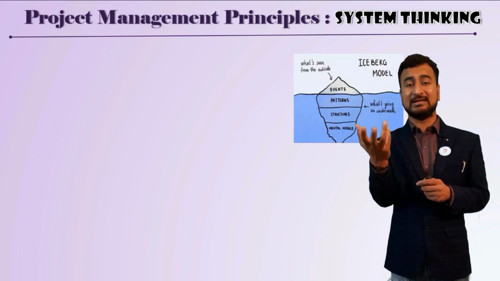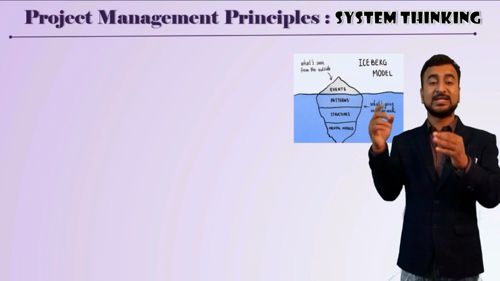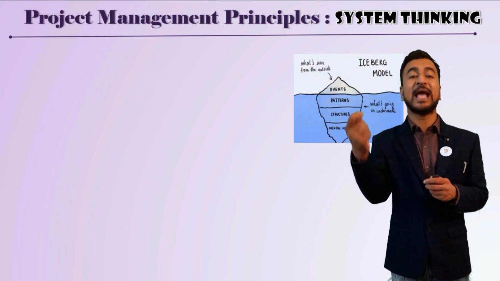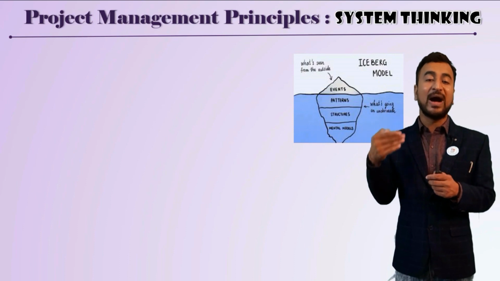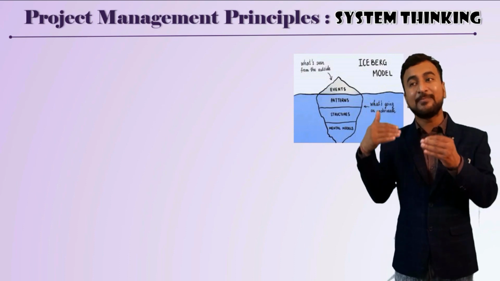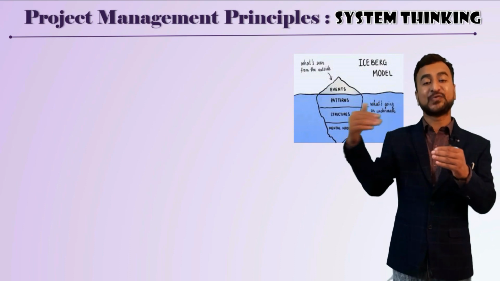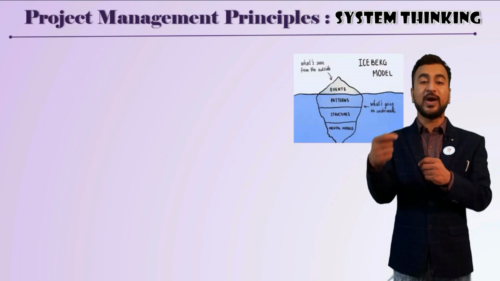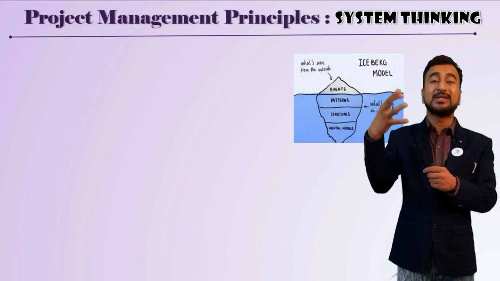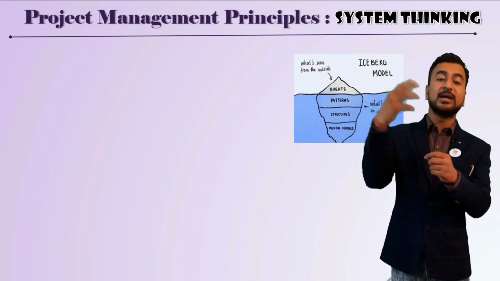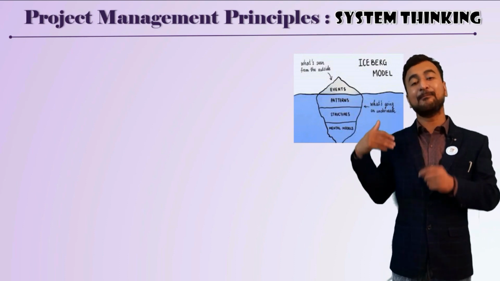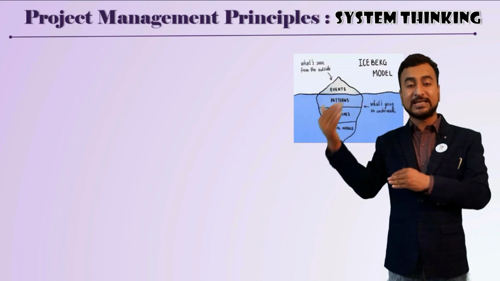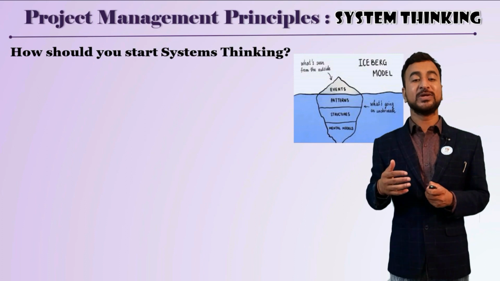In the iceberg model, the events are easy to identify, you can see that something happened. But why did this happen? You have to understand the patterns and trends, what is going on; the event is just a trigger point. What are the support structures that create those patterns, and what are the mental models that support those structures? You need to understand all of that.